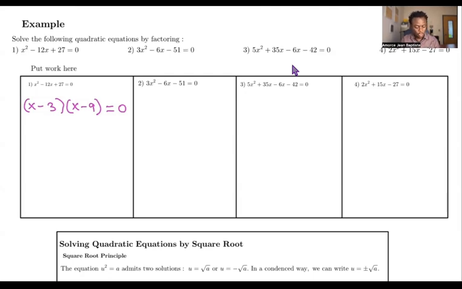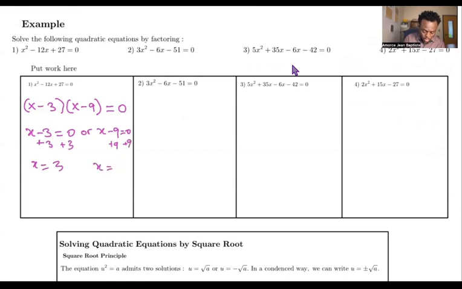So now we can just go straight to the zero product principle to solve this. That's going to be x minus 3 equals 0 or x minus 9 equals 0. Plus 3, x equals 3. Plus 9, x equals 9.